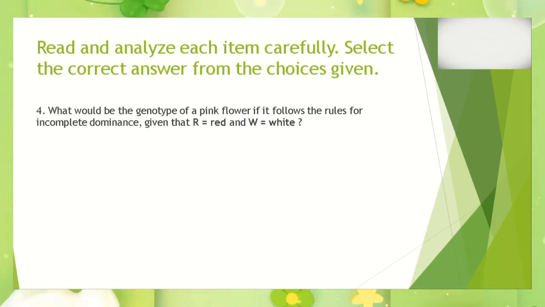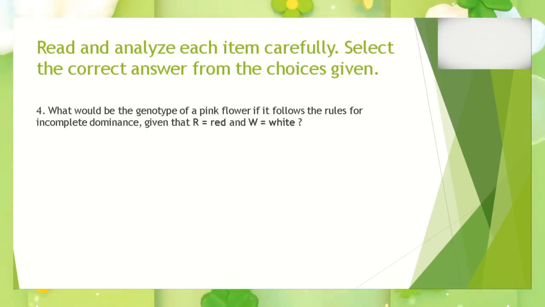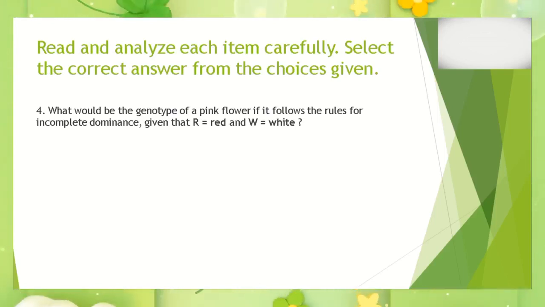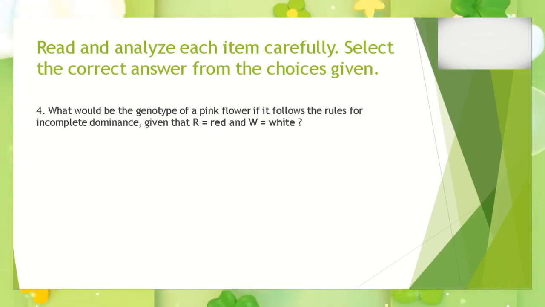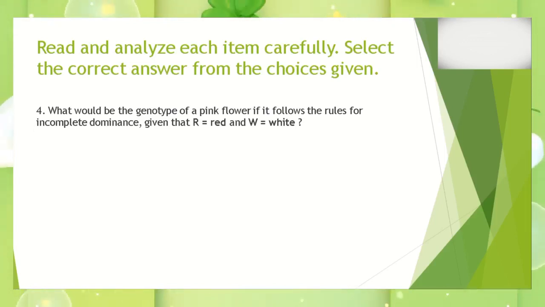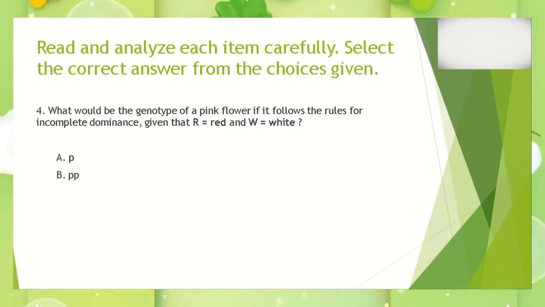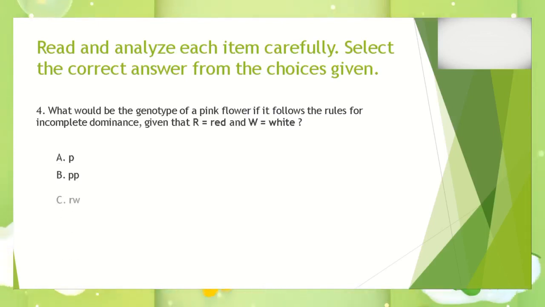Number 4. What would be the genotype of a pink flower if it follows the rules for incomplete dominance, given that uppercase letter R represents red and uppercase letter W represents white? Letter A, lowercase letter p. Letter B, 2 lowercase letter p.